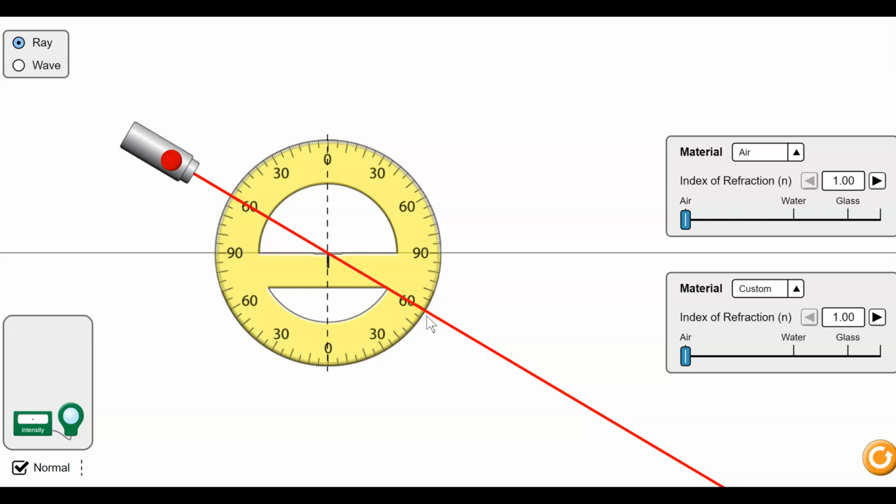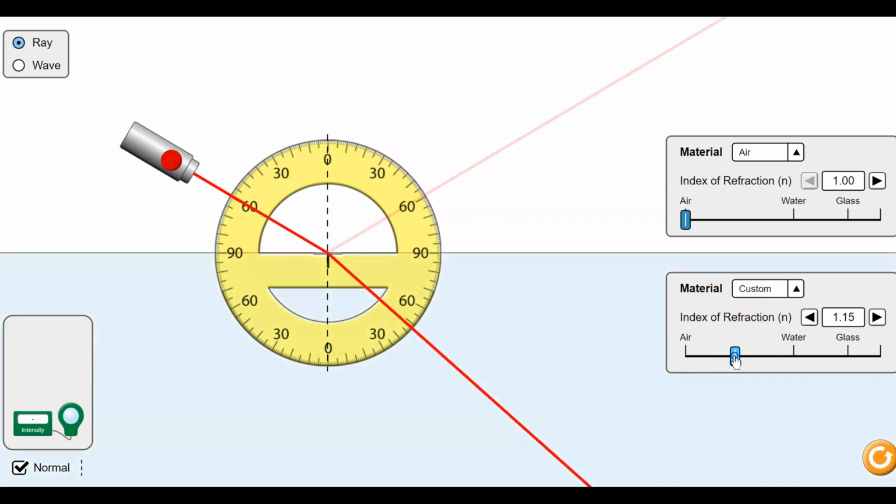Now I want to change the index of refraction. If I increase the index of refraction of medium 2 and go all the way to water, you can see that the ray bends towards the normal.